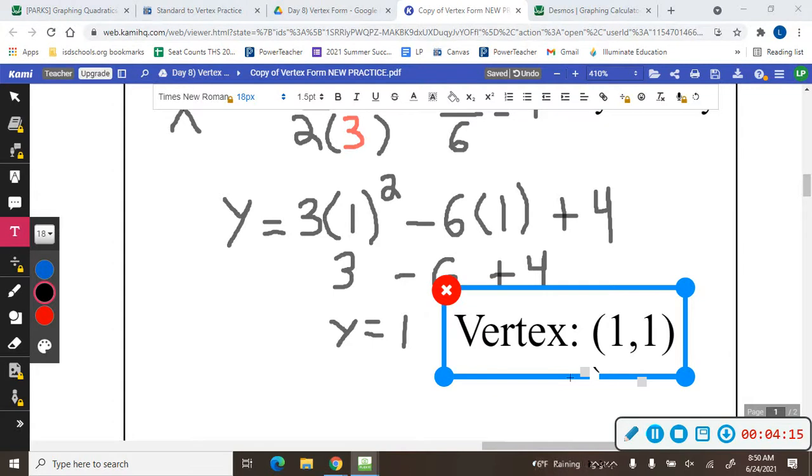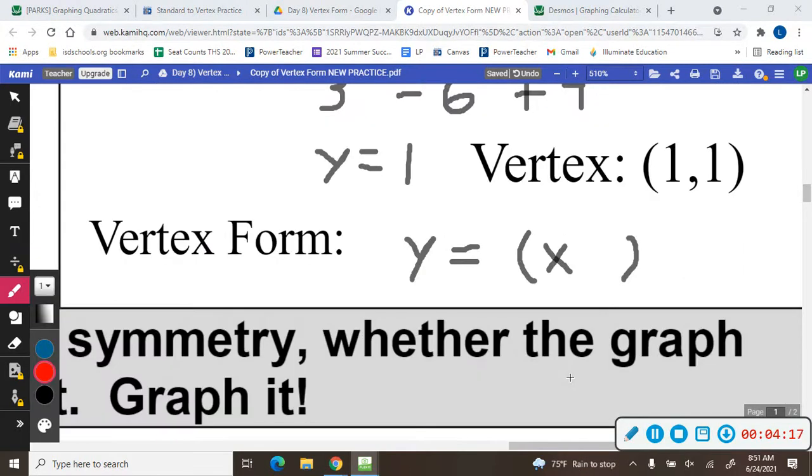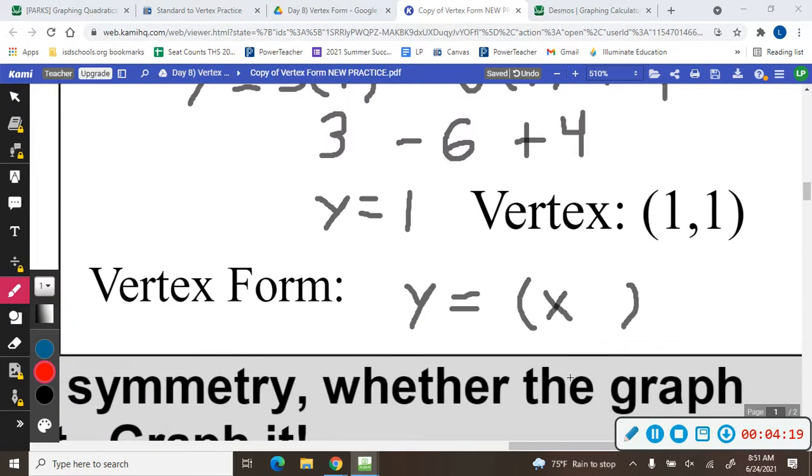This problem didn't ask for it, but if they wanted you to write this in vertex form, you know it's going to be y equals something with an x, something on the outside, and this part's pretty easy because the 1 comes down here, and that makes that minus 1, and the 1 comes out here and makes that plus 1.